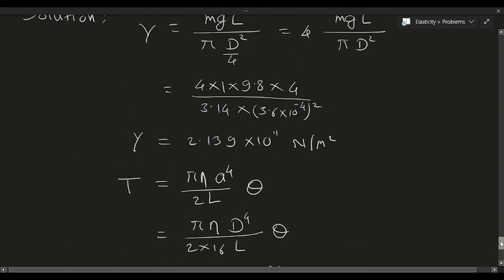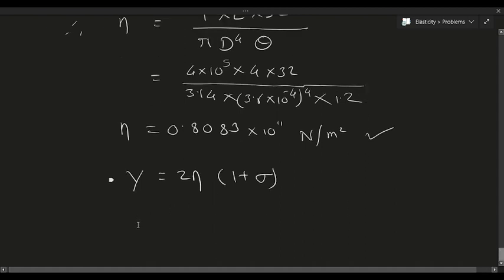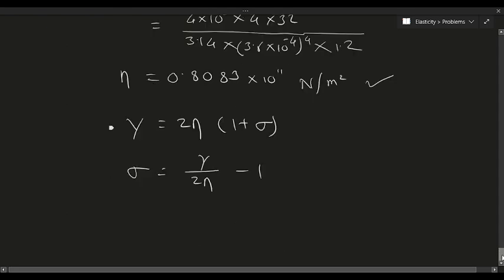Now we have values of Young's modulus and shear modulus. And from these two values, we can calculate Poisson's ratio. We use the relationship Young's modulus equal to 2 eta into 1 plus sigma. We rearrange this equation and write sigma equal to Young's modulus divided by 2 eta, minus 1.